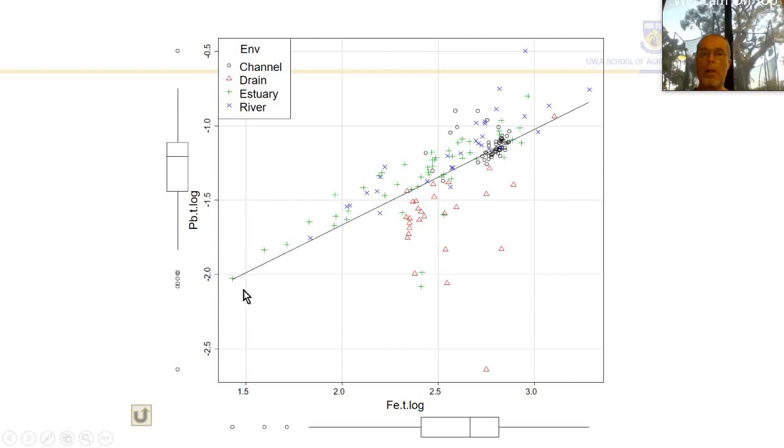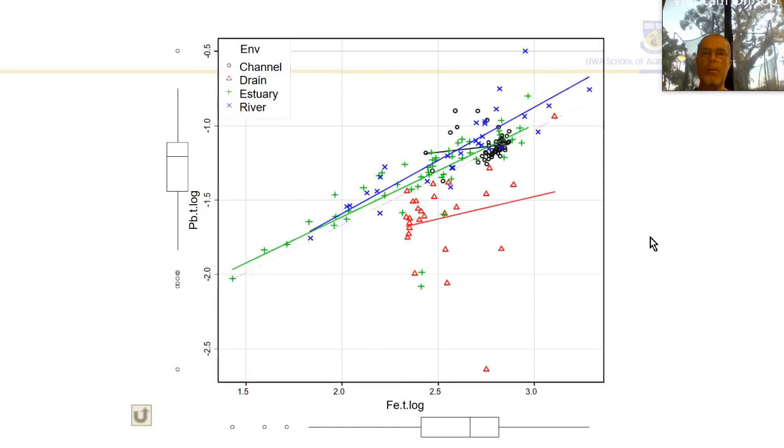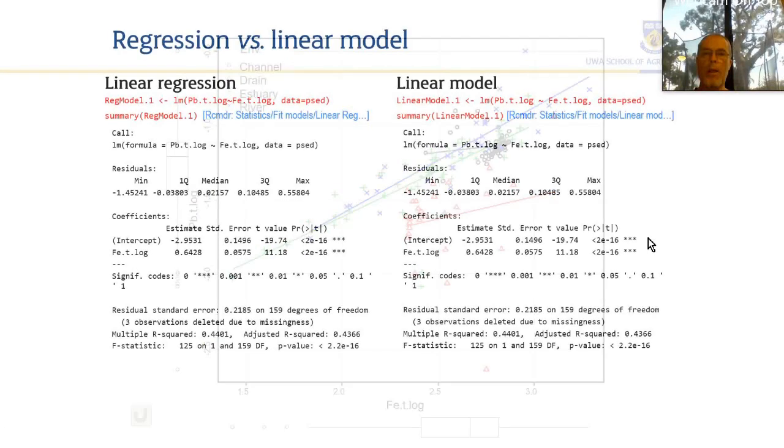So a single, simple linear relationship has a relatively good fit to the data, but it doesn't account for the difference between one of the groups. So there's stuff that we can do about that. And then that shows a separate regression line for each group, which you can actually calculate in R.